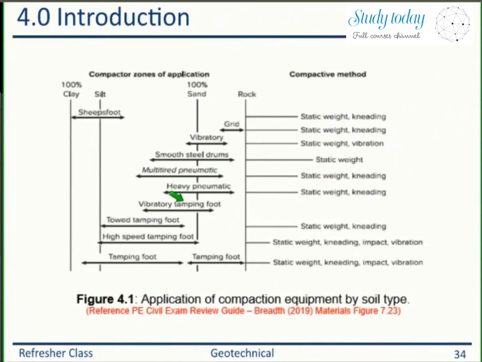This is the one. This is what Edwin is talking about. You have clay, silt, sand, and rock, and these are 100% rock or gravel, 100% sand, 100% silt, 100% clay.